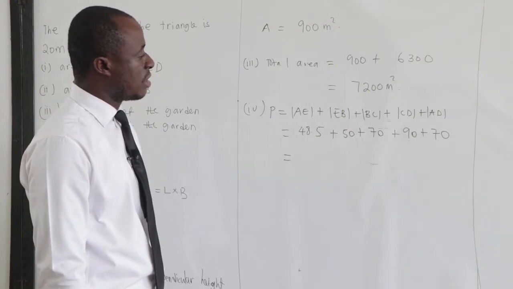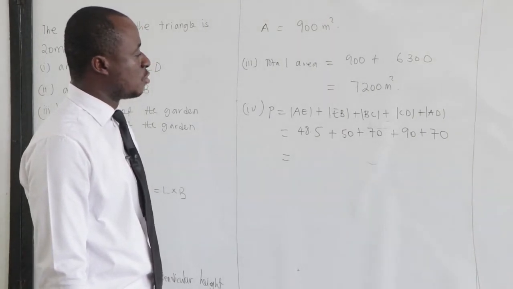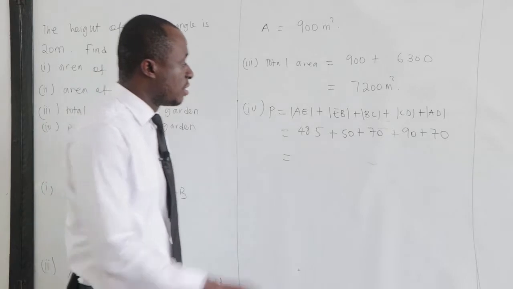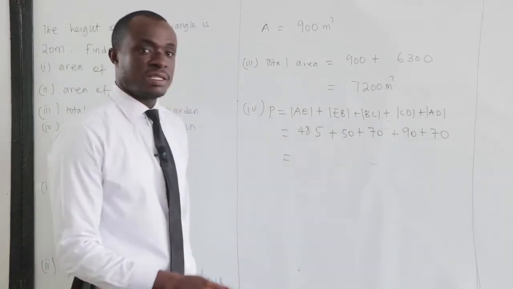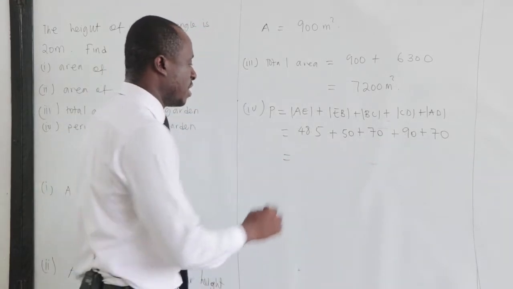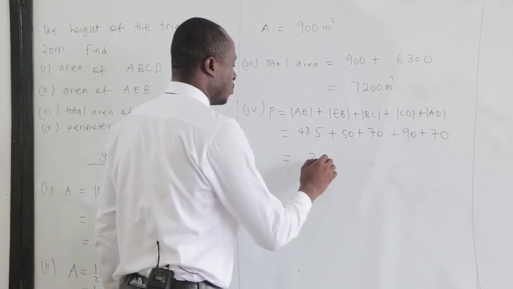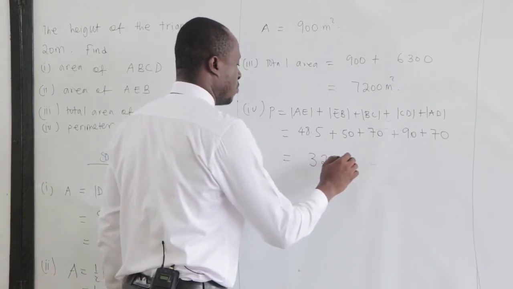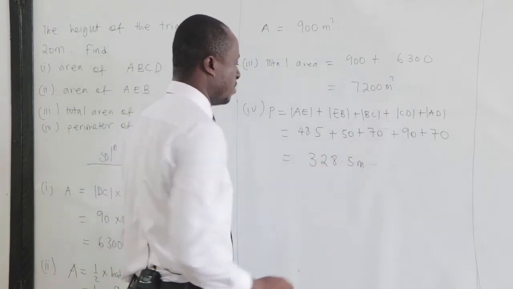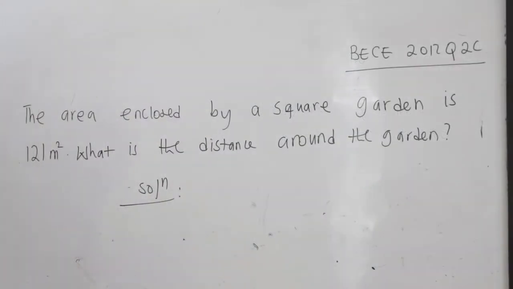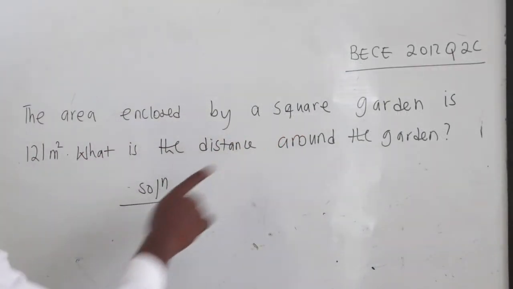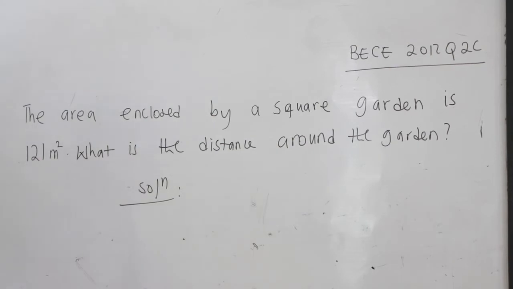That is 280. Now, 280 plus 48.5 will be 328.5 meters.